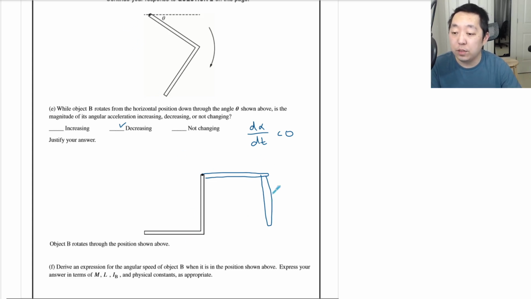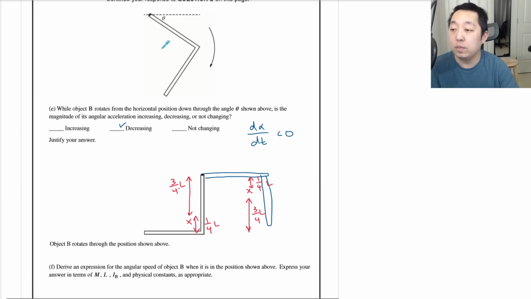From the center of mass point of view, the center of mass goes from here to here. Remember this distance here is 3/4 L, this distance is 3/4 L, which means this distance is 1/4 L, and this distance is 1/4 L.